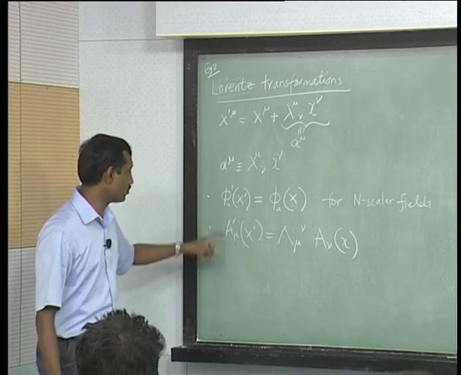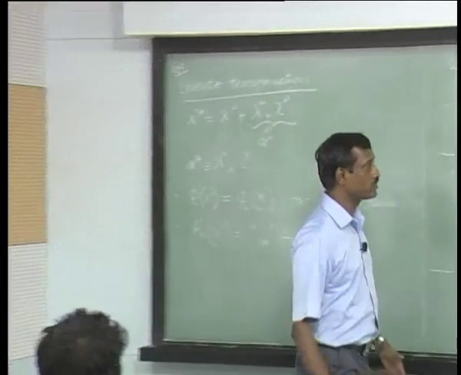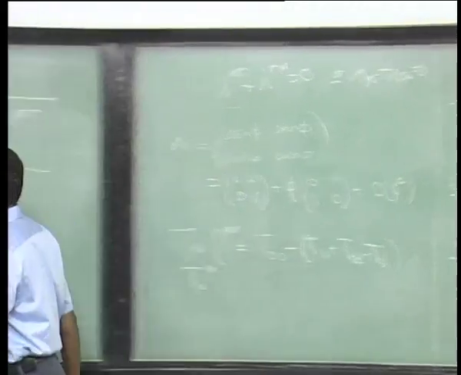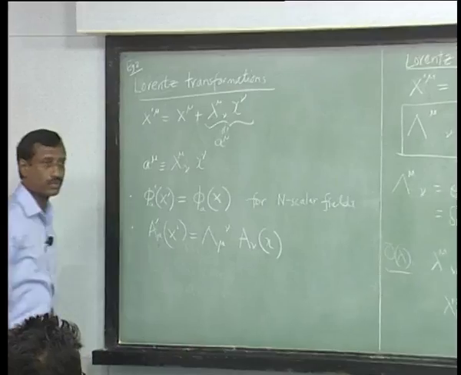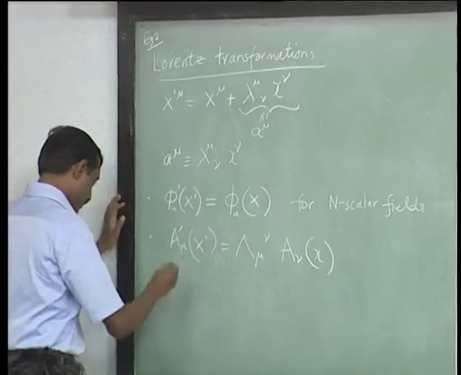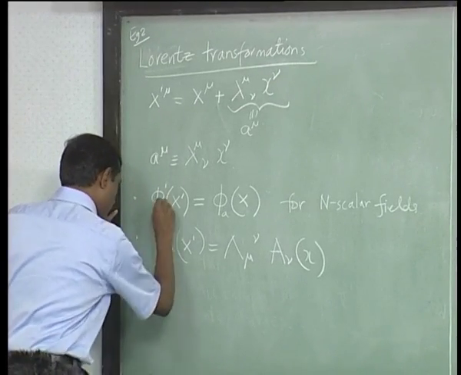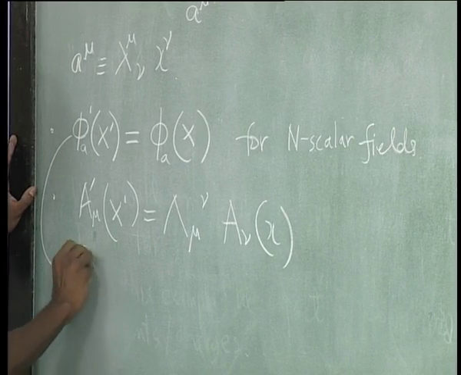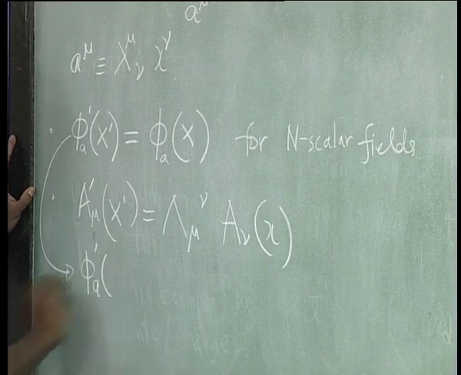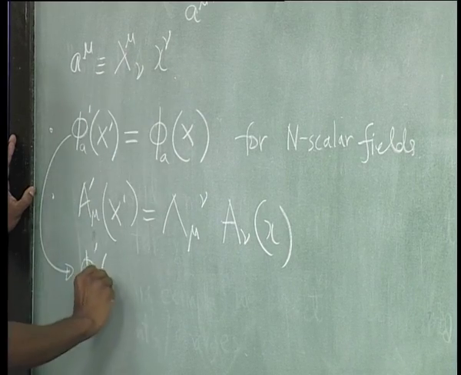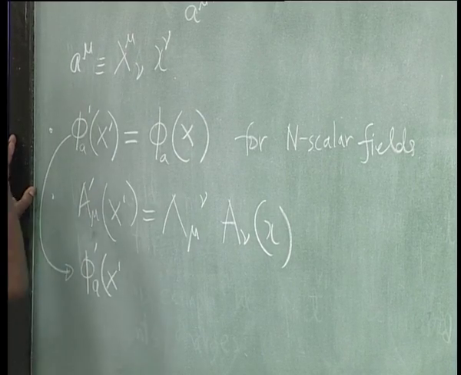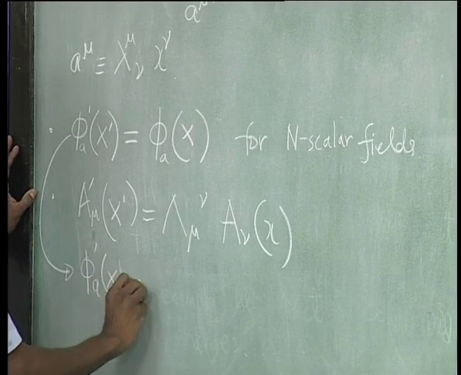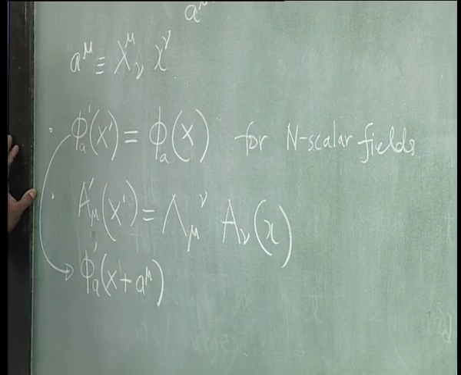So, now let us work out what we want to do, which is to rewrite it in terms of the small parameter, which is in this case lambda mu nu. So, we just go ahead and plug things in. We can write x prime as x plus a mu.